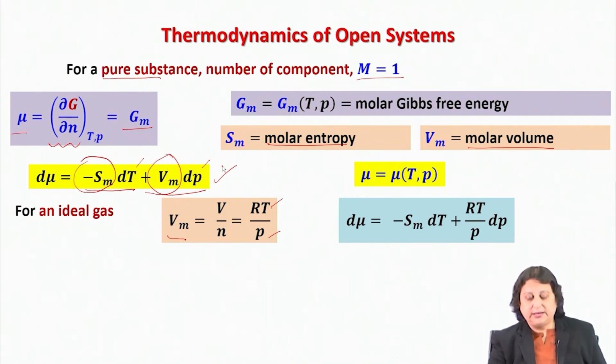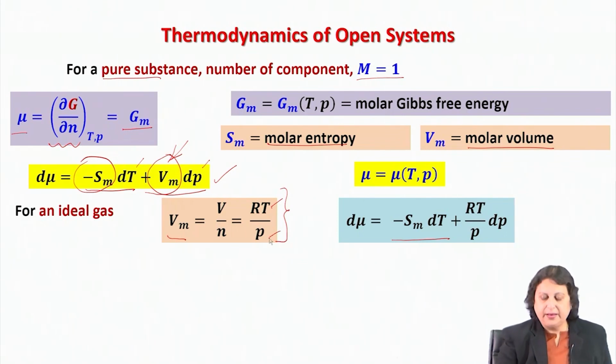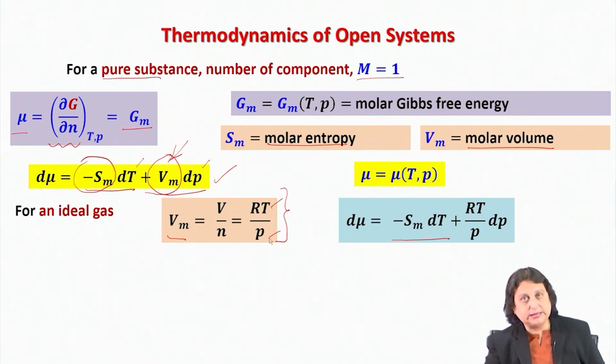I'm going to get d mu is equal to minus Sm dT plus, now instead of Vm, I'm going to put in this expression, and therefore the second term now will turn out to be RT by P into dP.